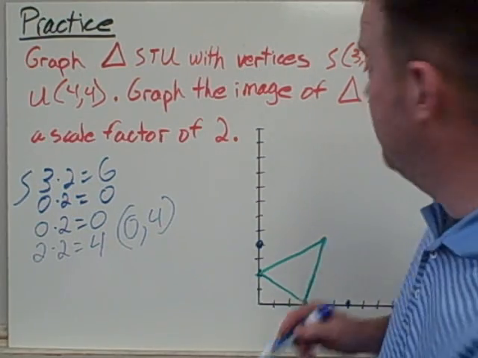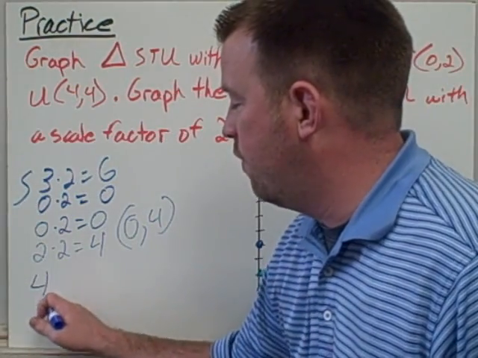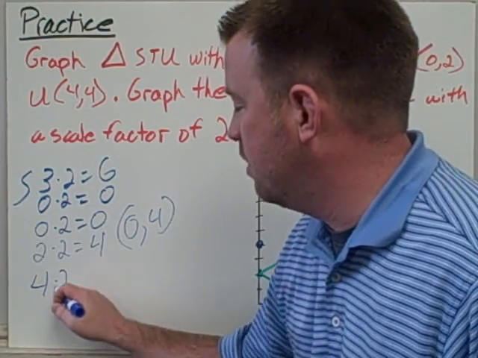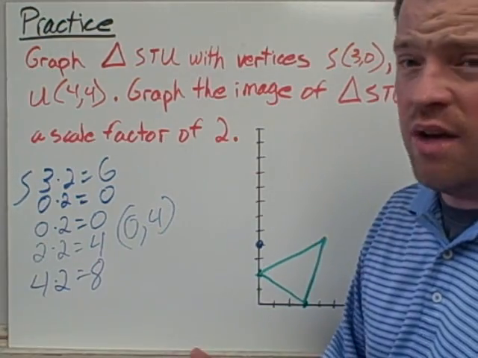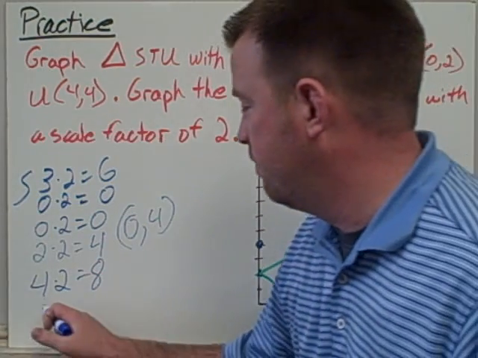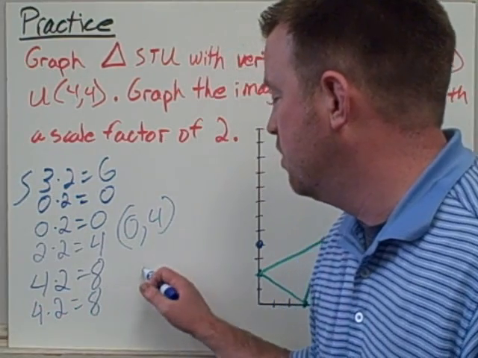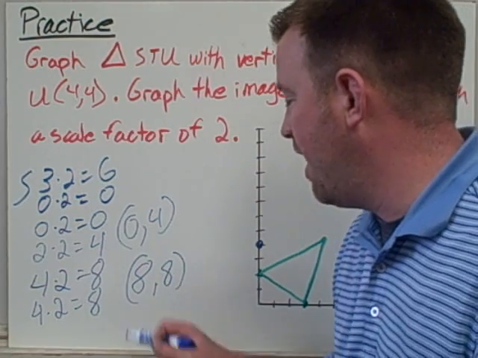And then our last vertex is at 4, 4. So the x value is 4. We multiply that times our scale factor of 2. 4 times 2 is 8. We also have a y value, which is also 4. And again, 4 times 2 equals 8. So our new ordered pair is at 8, 8.